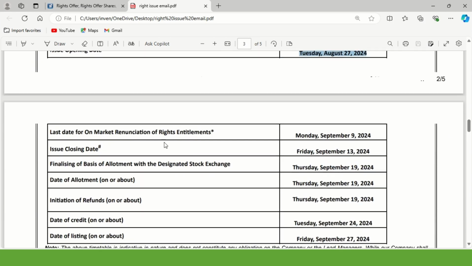And the last date on market renunciation of rights entitlements is September 9. The issue closing date is September 13. So before the 9th you need to sell. Suppose you are not buying for the rights issue, before the 9th you need to sell the entitlements in the market itself. Between the last date of market renunciation of rights and the issue closing date, you need to go to a website and apply for the 1705.